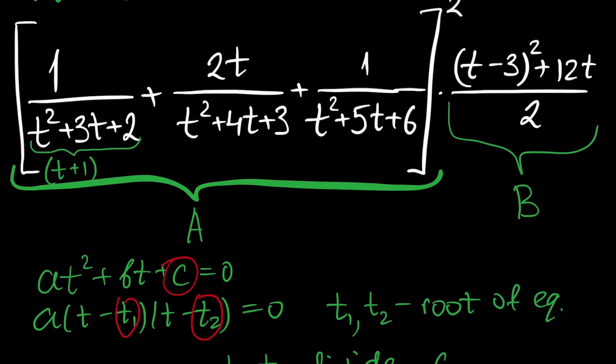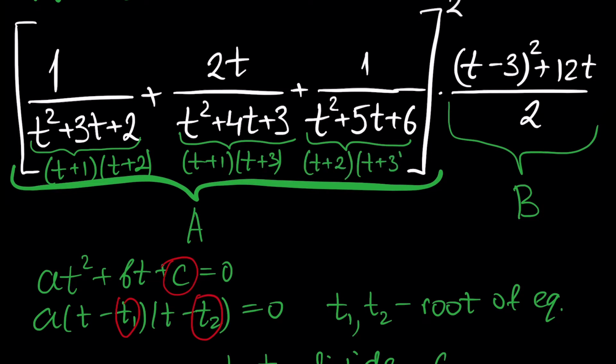Then we divide this polynomial by t plus 1, and after division we will have t plus 2. That's why our polynomial in the denominator, t squared plus 3t plus 2, can be represented as t plus 1 times t plus 2. In the same way, this polynomial can be represented as t plus 1 times t plus 3, and this polynomial as t plus 2 times t plus 3.